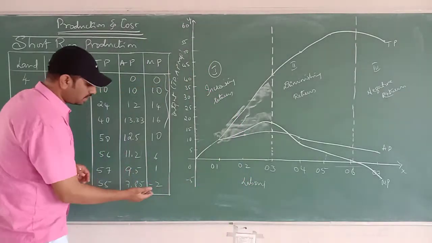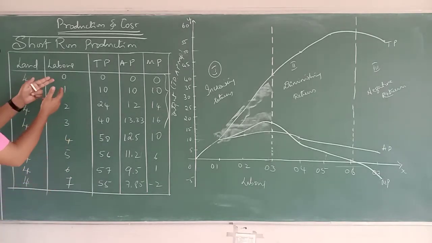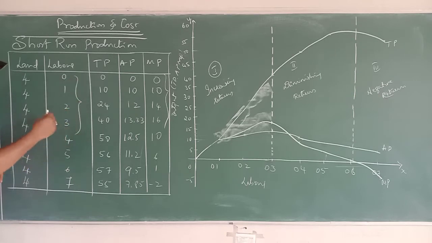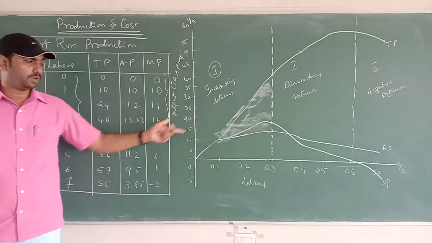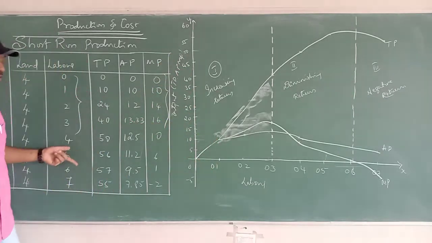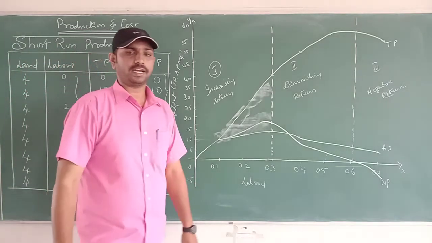Now we can observe here. When a producer, with the intention of increasing the quantity of output, increases from 1 to 2, 2 to 3, 3 to 4, likewise he increases the number of labors with the fixed factor. As long as the fixed factor with the variable factors is good, things are positive, and that is called increasing returns. When it feels burdened, things go down. When it is too burdened with the variable factor, things get negative returns.